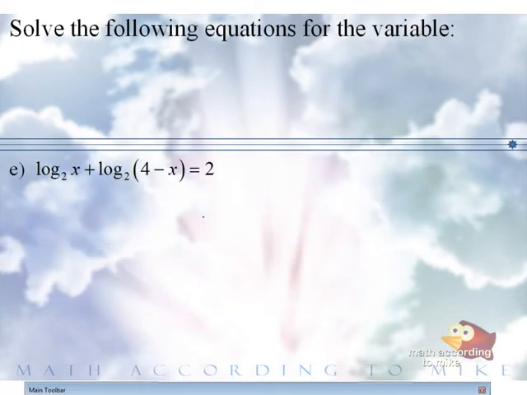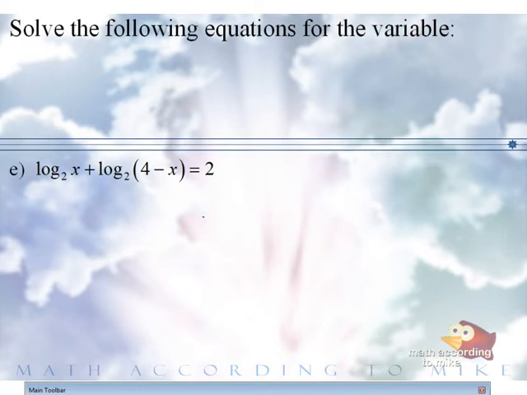Okay. Part E, solve for the variable. How is this one different from the previous ones? Well, how many logs do we have in the previous ones, C and D? 1. And how many logs do we have here? 2. In order to use that definition of a log, how many logs can we have?